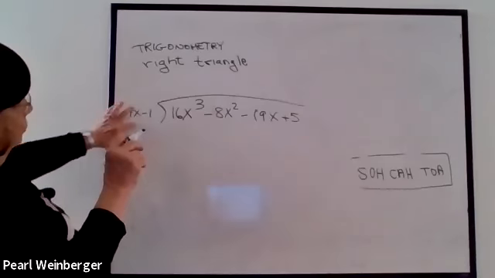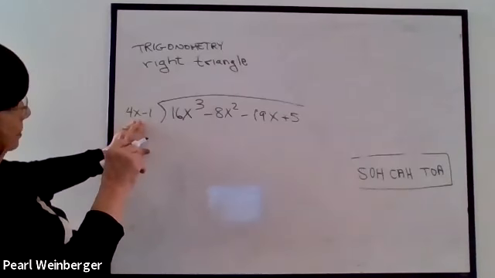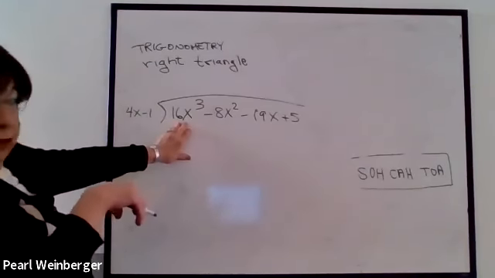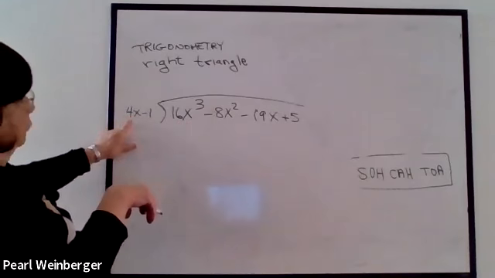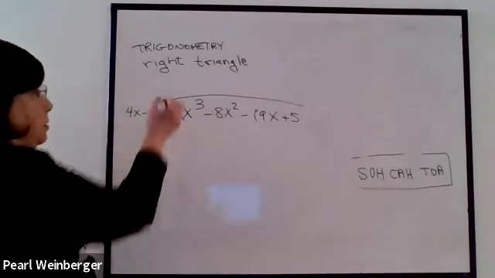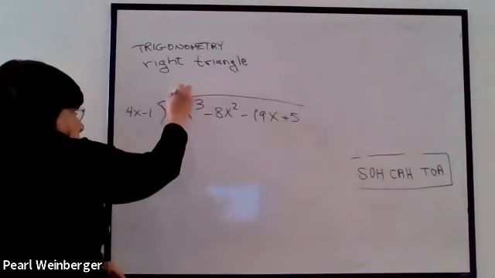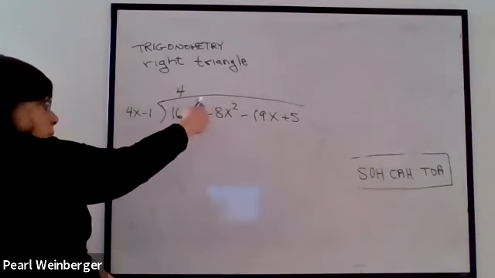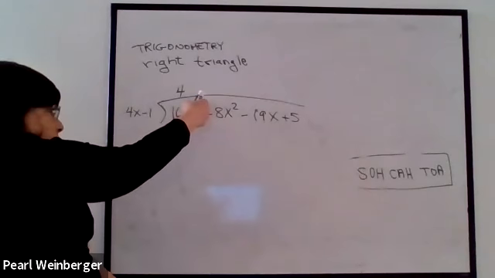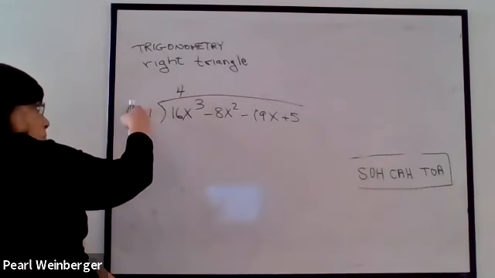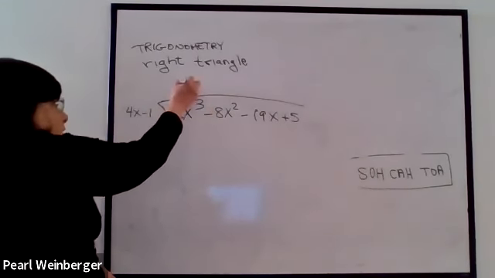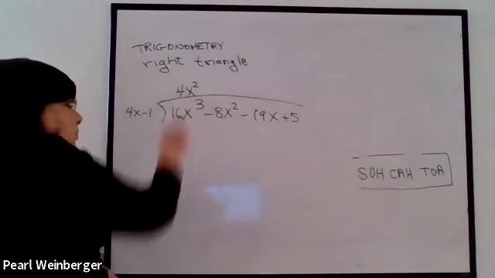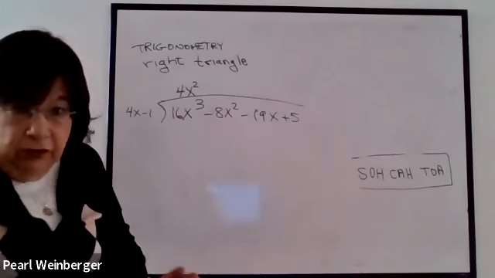Then we take the first number, which is the 4x, and divide it into the first number. So the 4 goes into the 16 4 times, and the x goes into the x cubed. Remember, you're subtracting exponents, so this is 3, and the exponent here is 1. 3 minus 1 is 2. This is 4x squared. So we put a 4x squared on the top, correct?